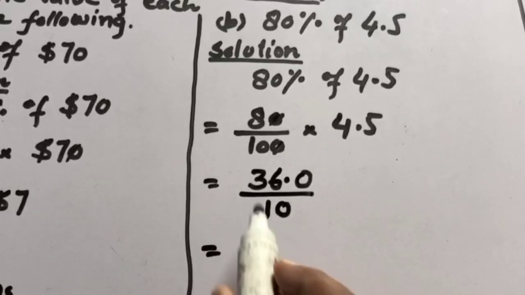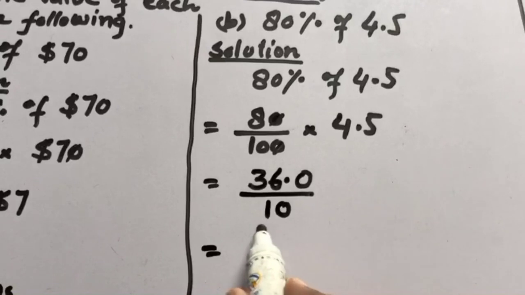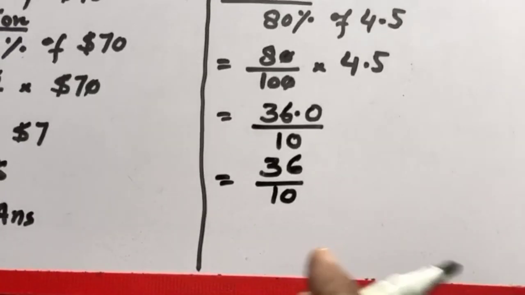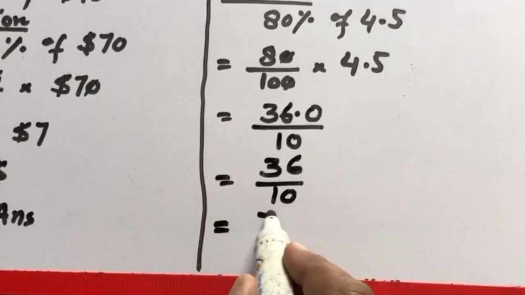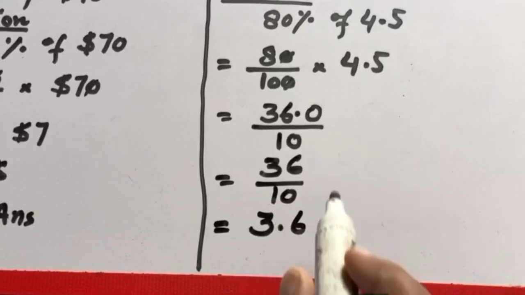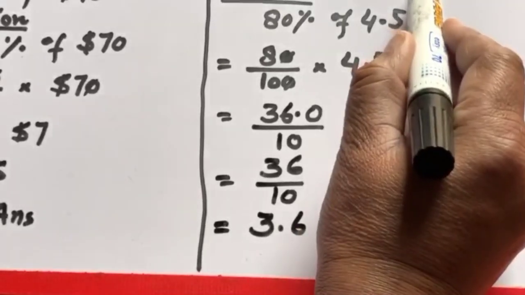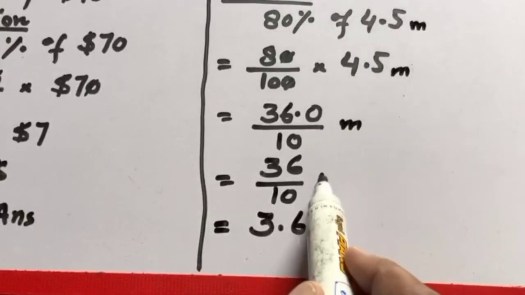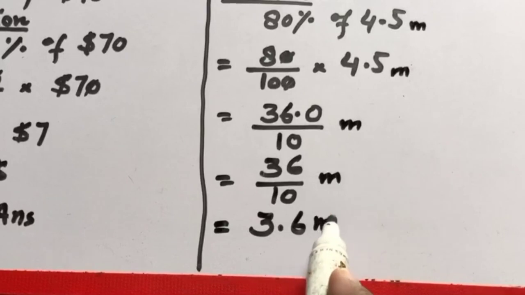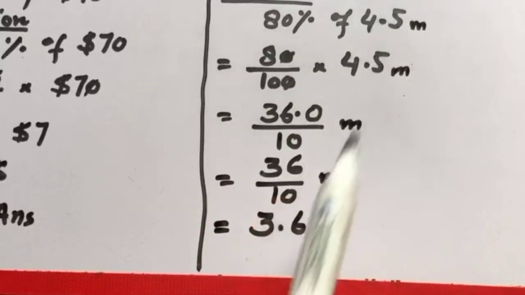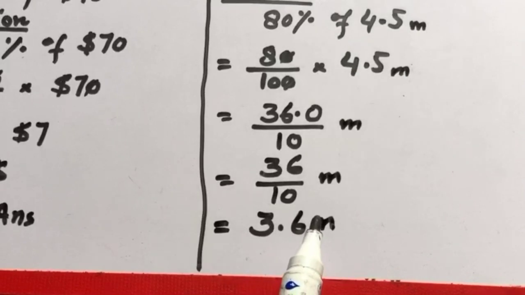Now 36.0 can be written as 36 over 10, and if we divide 36 by 10, we will have 3.6. The unit is meter, so we will write meter as it is. So the 80% of 4.5 meter is 3.6 meter.